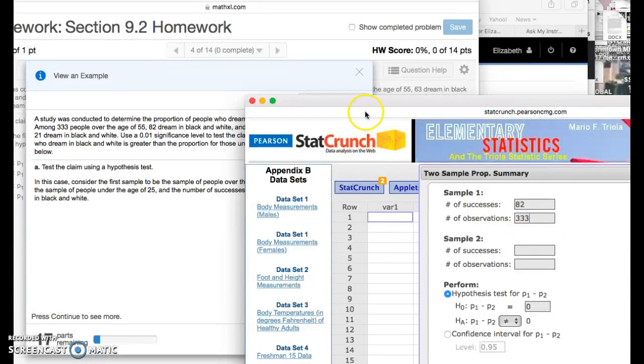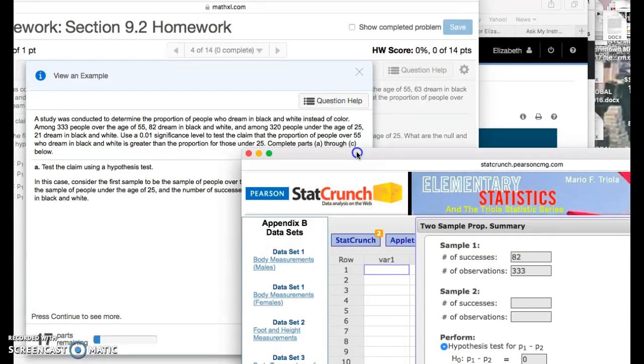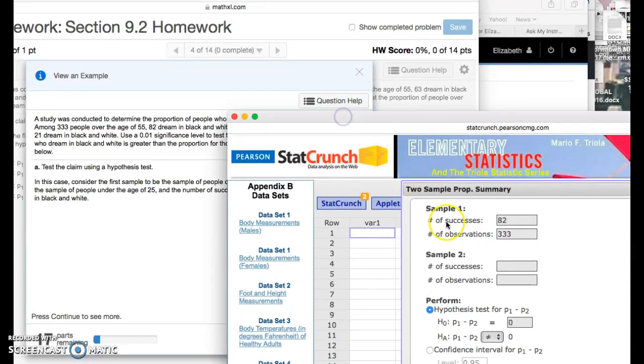And on the second one, 21 out of 320. Actually, these dream in black and white.